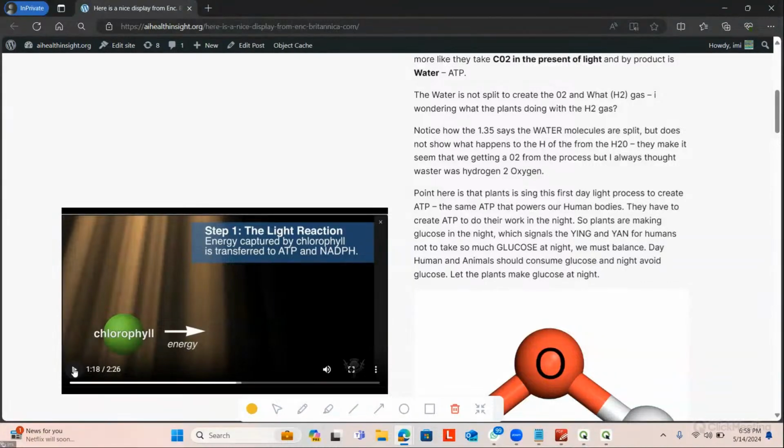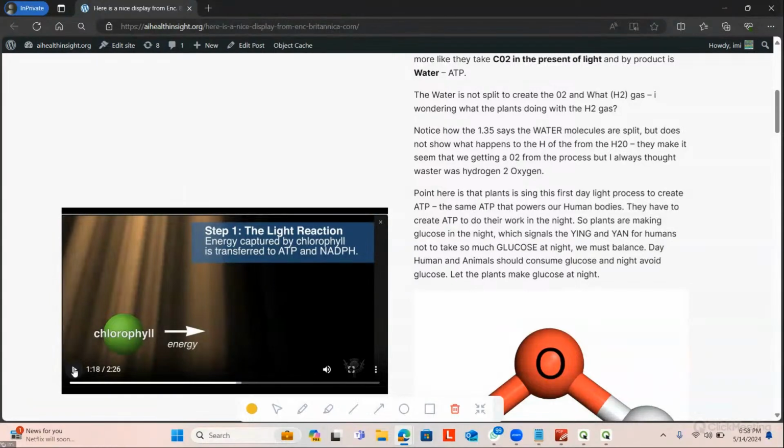Right. So this is chlorophyll, which is the green part found where? In the leaf of a plant. So human beings have red blood and plants have what? Green chlorophyll. You see there?